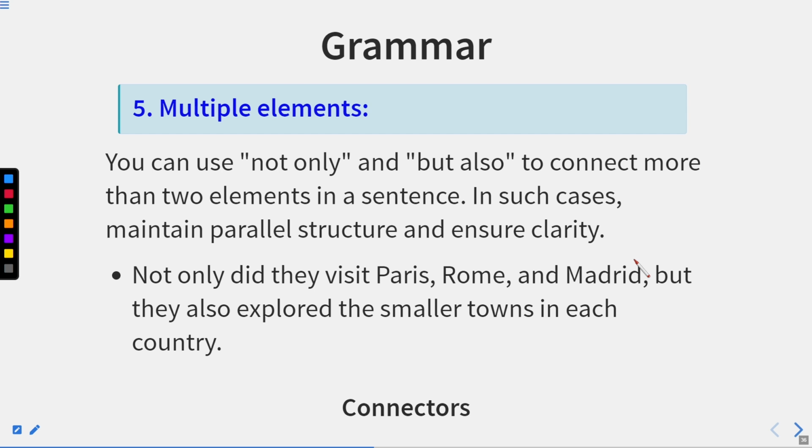So here we have three places: Paris, Rome, and Madrid. But they also explored the smaller towns in each country. So here you can see that we are connecting various elements, various places together, and we are using not only but also to set all of them in a single sentence. Now let us move to the next one.